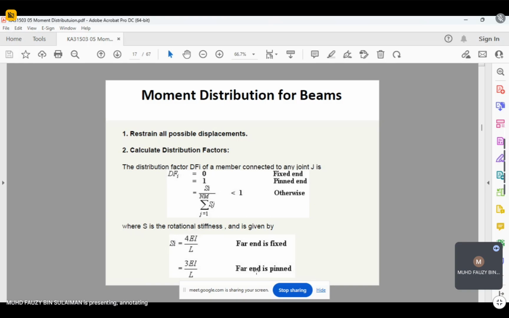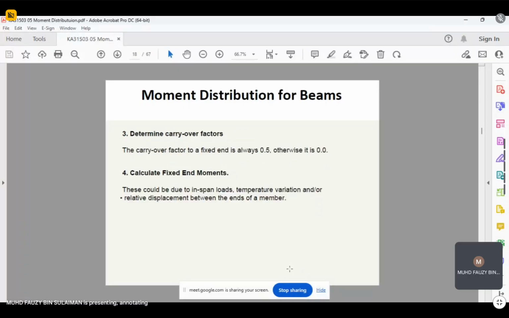The pin is also quite unlikely, because for RC structures we usually only focus on the fixed end. For the pin, maybe in the tutorial we can cover it, but in real construction it is rarely used.